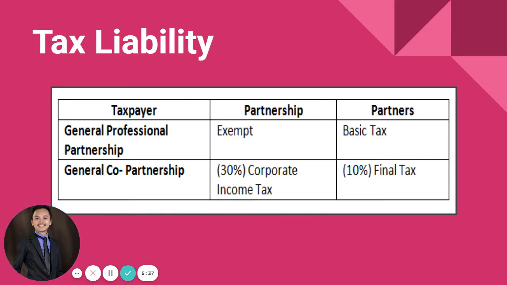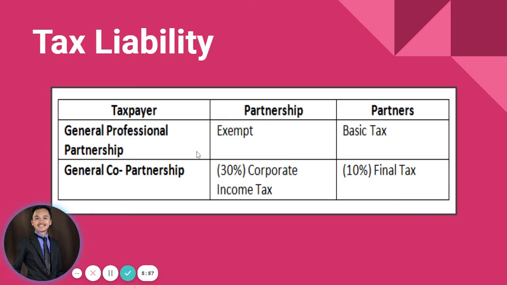That is why the general professional partnership is not subject to income tax. It is simply considered a pass-through, because the income of the partnership will be subject to tax on the partners.